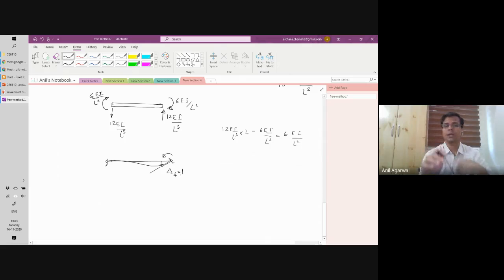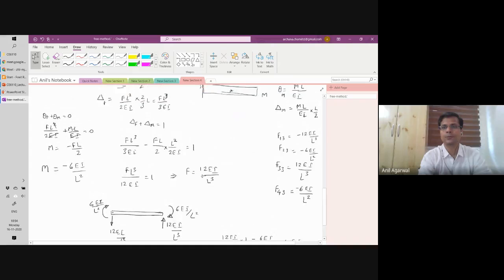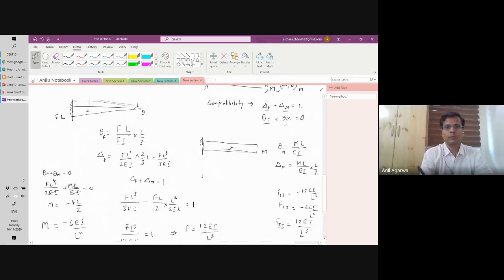Okay. And we want to make sure that only delta 4 is non-zero. All other deltas are 0. Delta 1, delta 2, delta 3 are all 0. Okay. Now, from before, what does not change is the definition, the calculation of theta F, theta M, delta M. Okay. So let me quickly select.